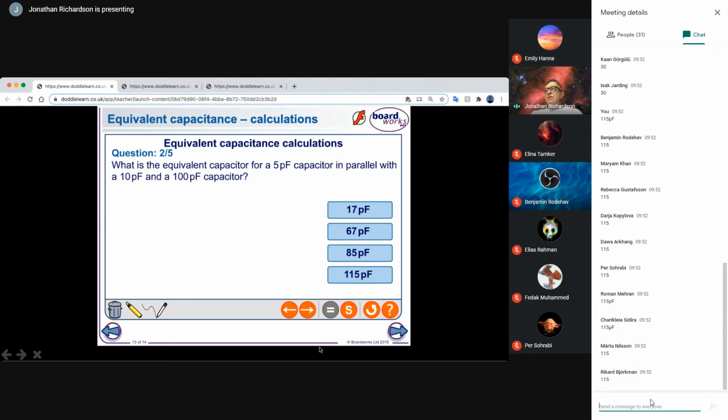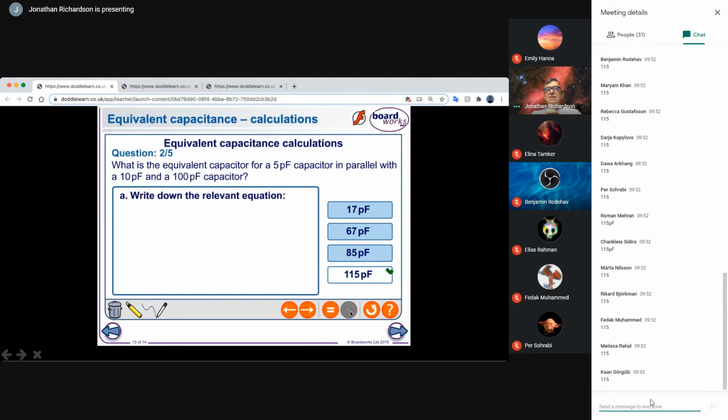Be careful, somebody just wrote micro, it's picofarads. The units will stay the same. The solution, yes, correct, was 115, the sum of the three. So Ct is C1 plus C2 plus C3.